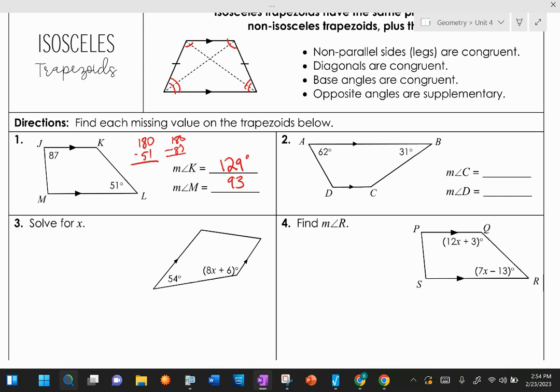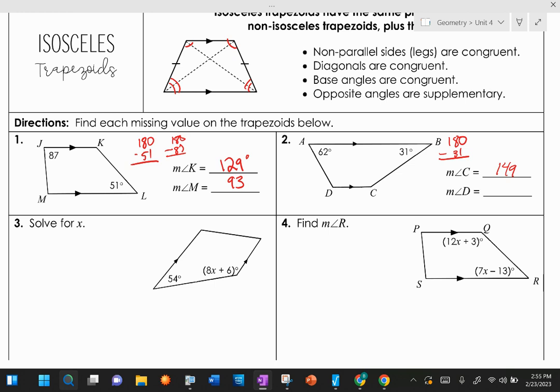What would you do with B to find C? Class, take it away. 149 should give you C.